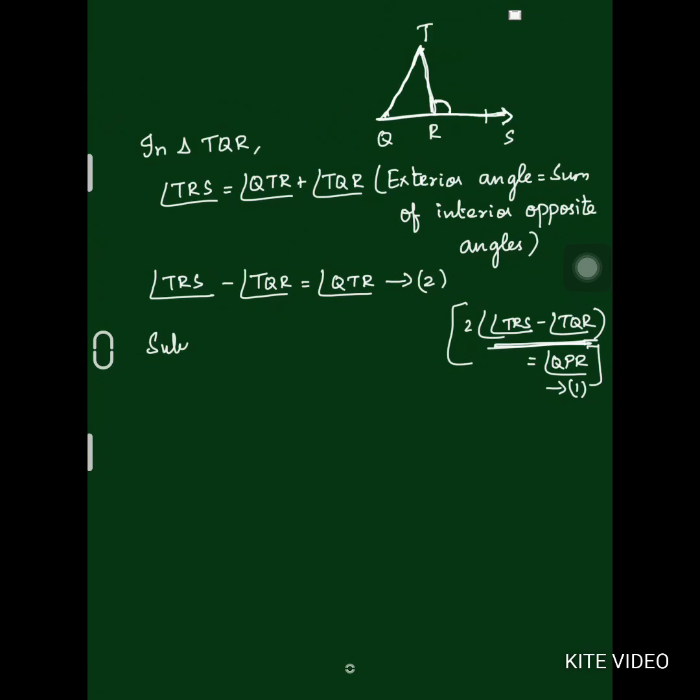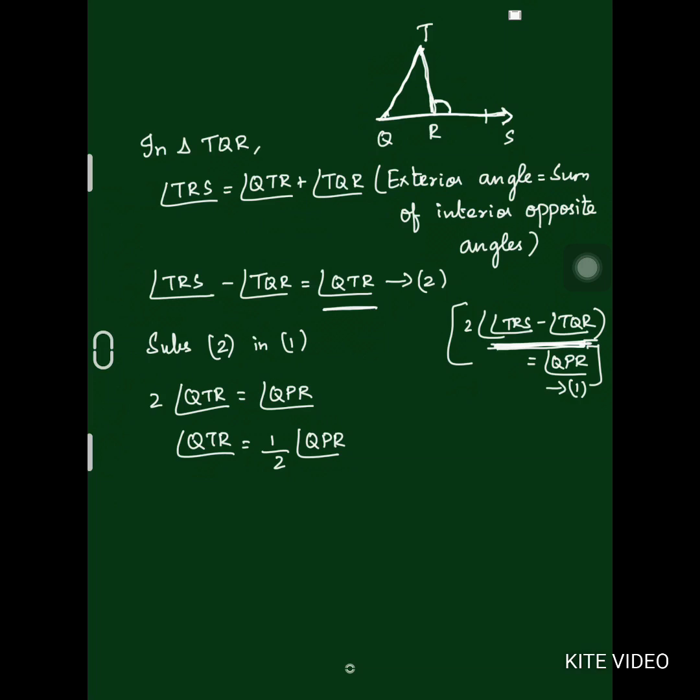So, substitute 2 in 1. What happened to the first equation? 2 into, in the place of TRS minus TQR, I replace with QTR. So, 2 times QTR is equal to QPR. From that, angle QTR is equal to, this 2 comes this side, half QPR. So, that is what we are supposed to prove. We have proved angle QTR is equal to half angle QPR.